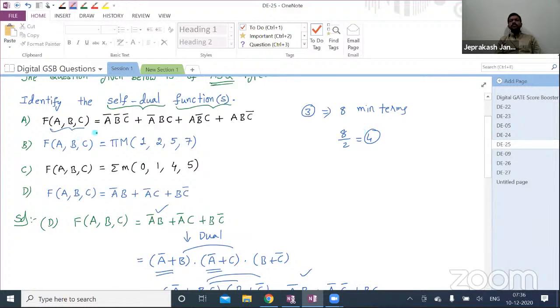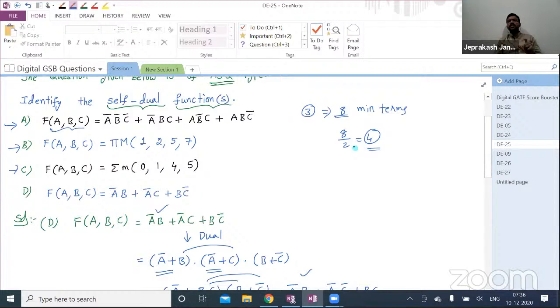When your original function consists of only 4 minterms, for the three variable case I'm talking about, where in total you'll get 8 minterms, consider half of the minterms. Here in these three functions, option A, option B, option C, sigma M format has 4 minterms, here also 4 minterms, and here pi capital M, if you convert into sigma M, you'll get 4 minterms only, right?